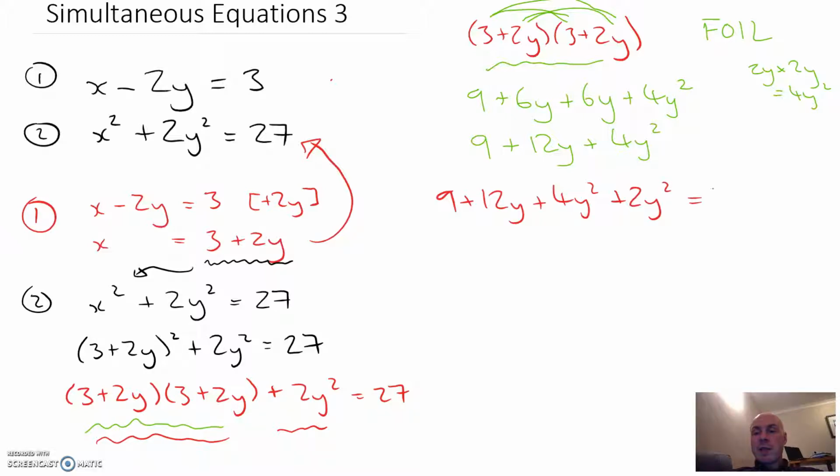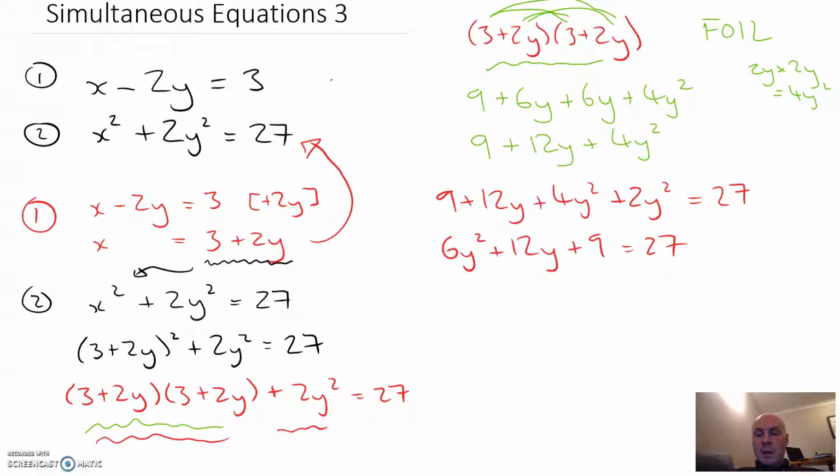That's our whole equation. Okay, now we can simplify that. We've got 4y squared plus 2y squared. That's 6y squared plus 12y plus 9 equals 27.